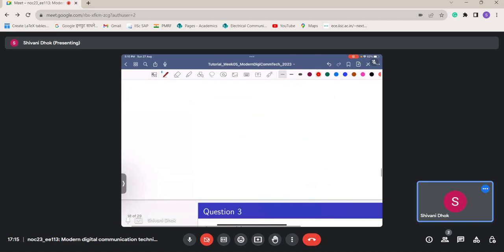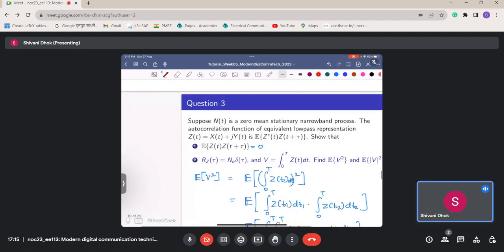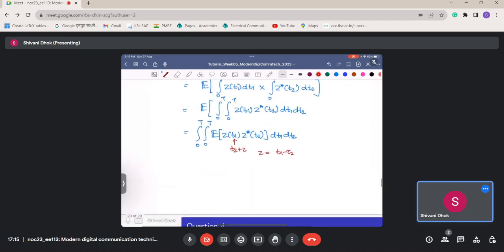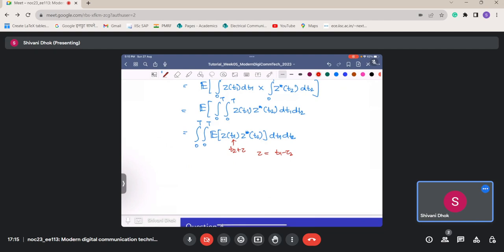Now if we look at the question above, we have been given that R_z of tau is N naught delta of tau, and this R_z of tau is simply the expectation of z conjugate of t into z of t plus tau. So here our t plus tau is basically t1 and t is t2. So what we have here is expectation of z(t2 plus tau) into z conjugate of t2.